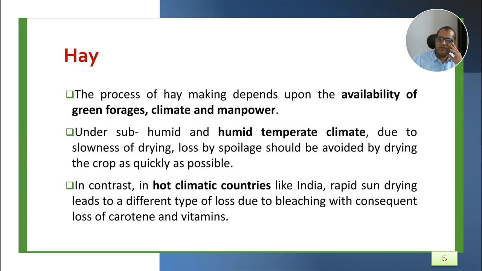Whereas in hot climates like northern Karnataka or India, rapid sun drying leads to a different type of losses due to bleaching of the hay, with consequent losses of carotene and different vitamins.